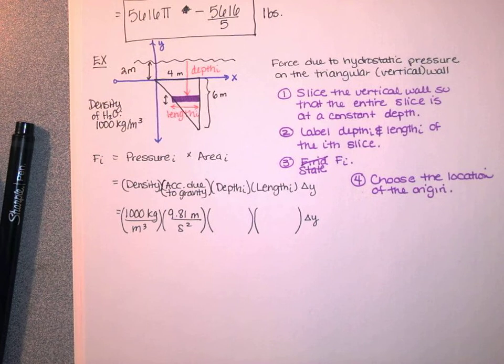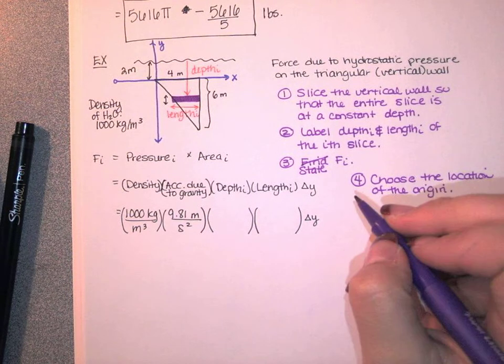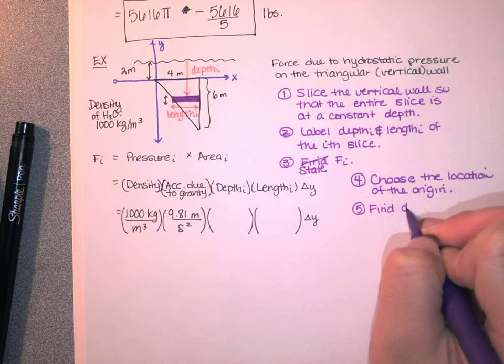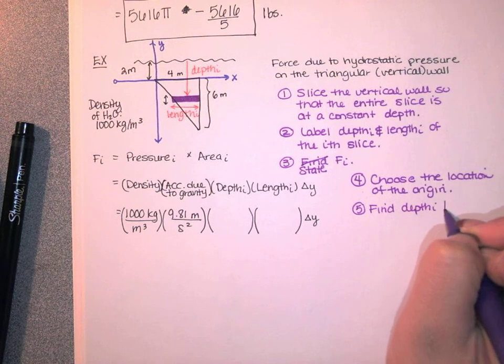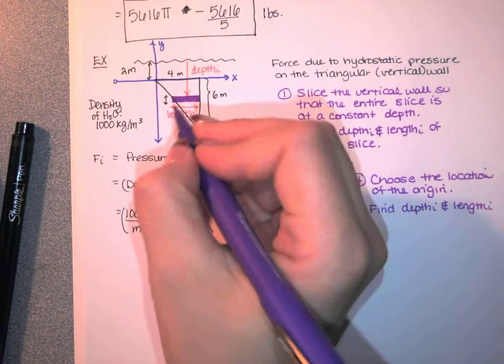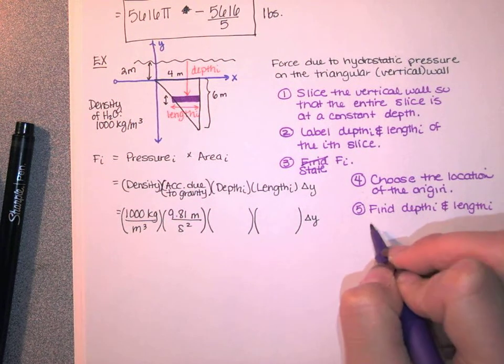Okay, so let's look at the depth. We've chosen the location of the origin. Now we want to find the depth and length relative to our choice of origin.